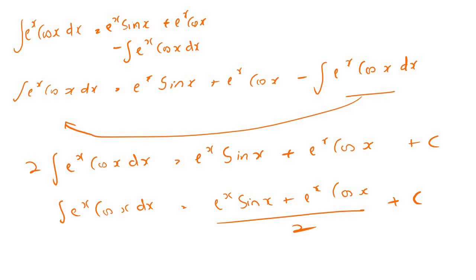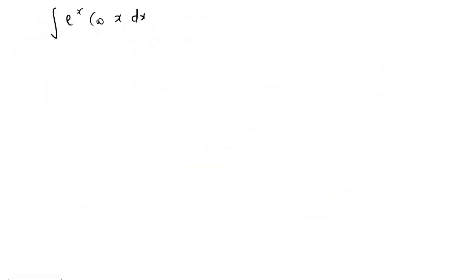So let me summarize this. In summary, this was our original equation and we used this as our u and this as our dv, and then we got e to the power x sine x minus integral e to the power x sine x dx. That's what we got.